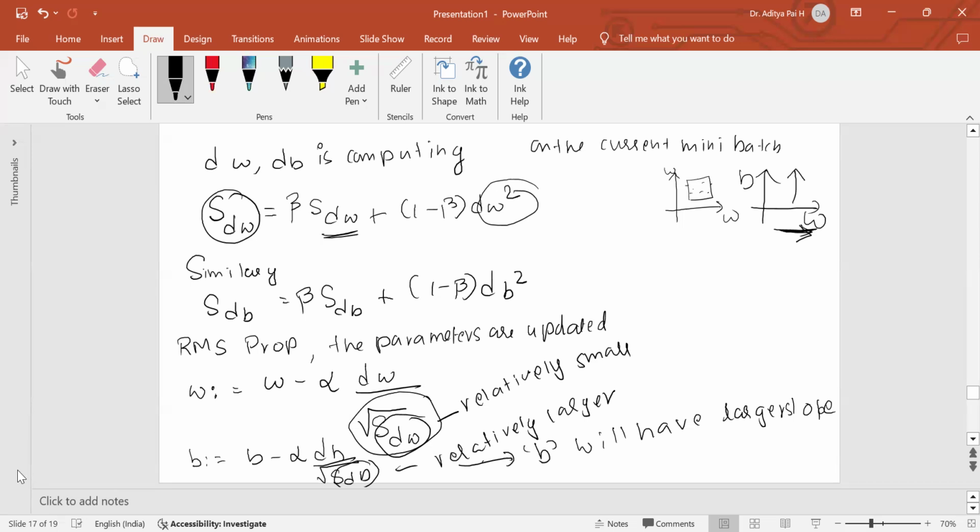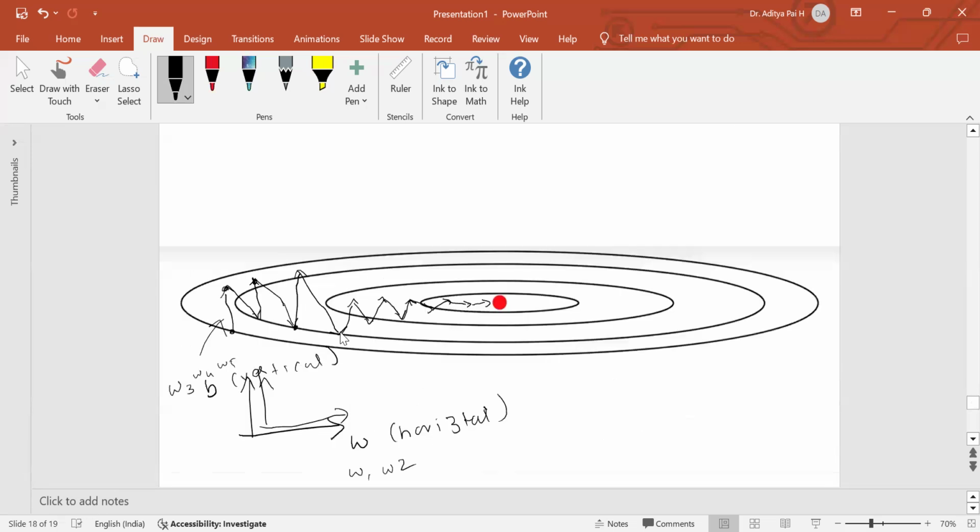So this is the net impact of RMS prop, compared with gradient descent with momentum. In RMS prop we have a much faster rate. You can see that alpha can be very large, and when alpha is large you get a faster learning rate. As a result, you can reach the global minimum quickly.